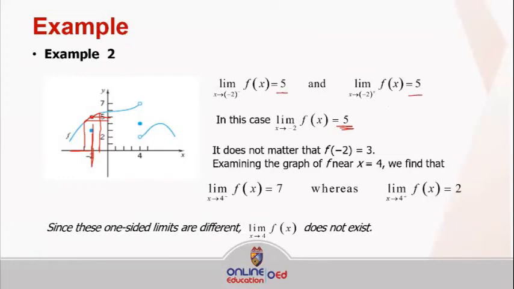Tama ba? Kasi dito pa rin siya, dito pa rin sa point na to. So, yung sabi natin, kapag yung value is pareho sa left hand at saka sa right hand, ibig sabihin nag-e-exist siya. So, in this case, yung limit natin ng x approaching negative 2 is 5.